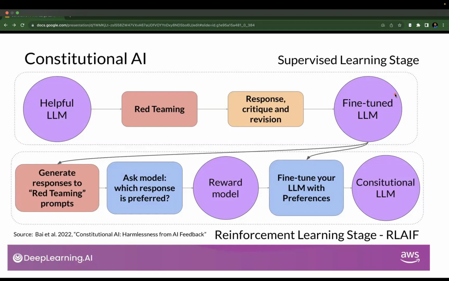If for one prompt it generates, let's say, 3 responses, it can rate which is the best, rank 1 in terms of helpfulness, honesty and harmlessness, then rank 2 and 3, and so on. That data set can then be used to train the reward model. Based on this reward model and the fine-tuned model, we can align our LLM with the preferences. This approach removes the human feedback as we saw before, and hence it is called reinforcement learning from AI feedback.